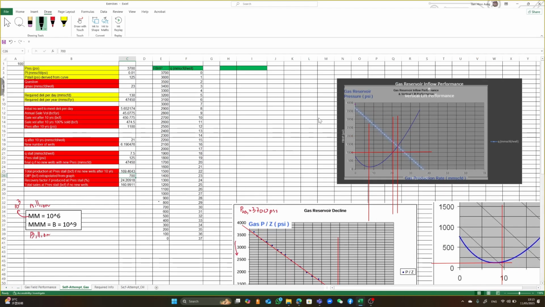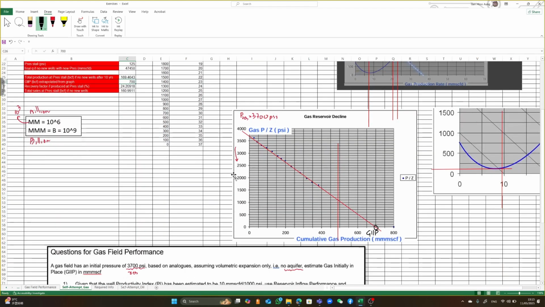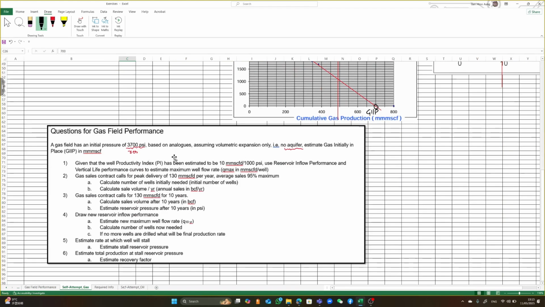So how are we going to estimate the rates? Let's go a little further down into the questions and see. Given that the productivity index has been estimated to be 10 million, 10 to the power 3 times 10 to the power 3, making it 10 to the power 6, standard cubic feet per day divided by 1000 psi.